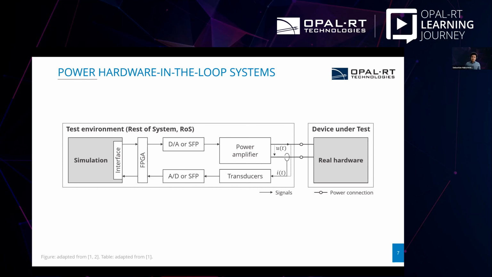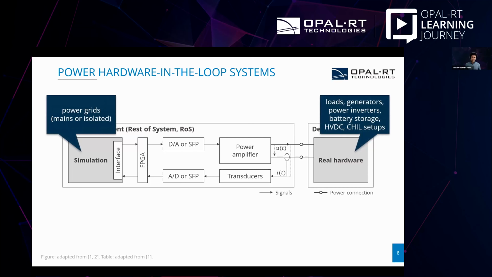So talking of use cases, what use cases are there? Well, we can distinguish between two different setup types. First, on the simulation side, we can simulate the behavior of power grids, be it a mains grid, be it an isolated grid, while on the hardware side, we will have loads, all kinds of different loads, generators, power inverters, or even HVDC systems, for example.